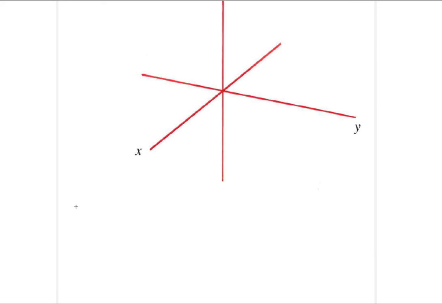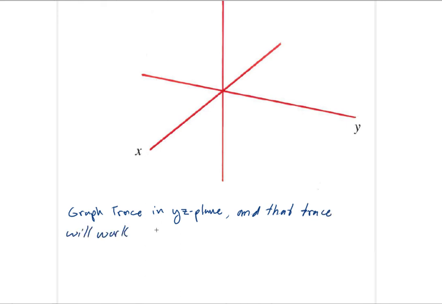Okay, we'll write that down here. So we'll graph the trace in the YZ plane, and that trace will work for all x, right? So not just for x equals 0.